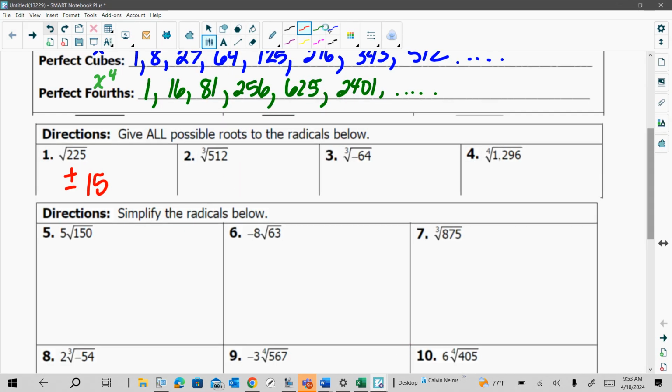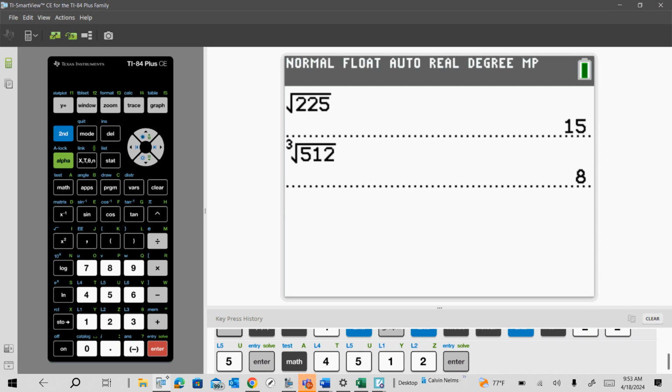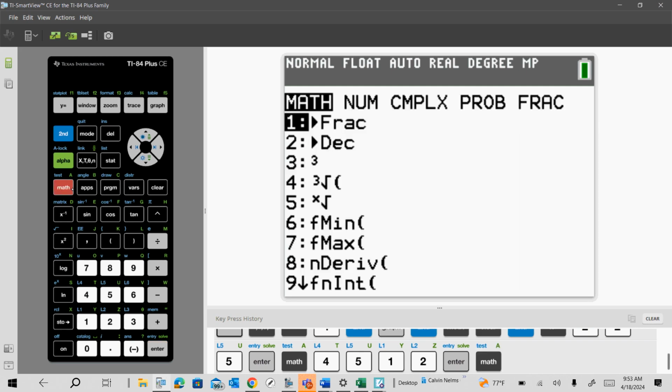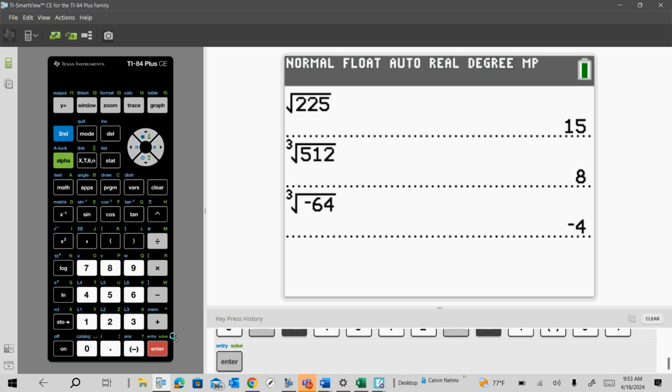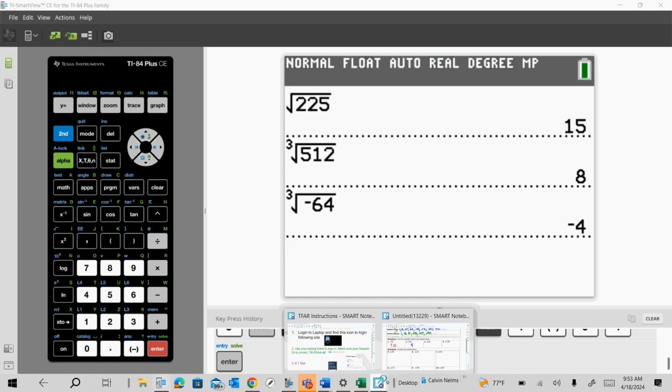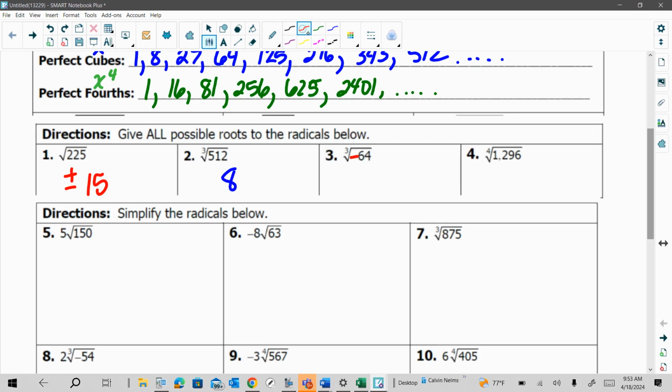Like for example, this next one, we're doing the cube root of a negative 64. So when you hit math, you need to put negative 64, and you get negative 4. Yeah, this one's going to be negative, okay? All right, so negative 4. All right, y'all can take care of the last one.